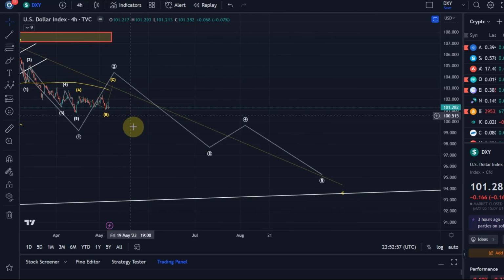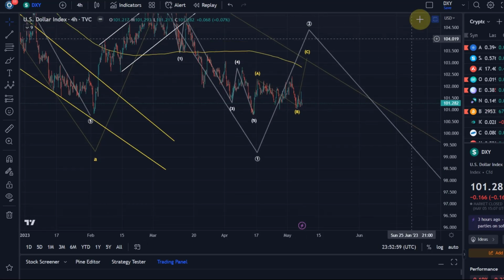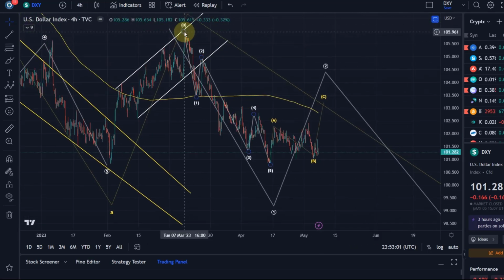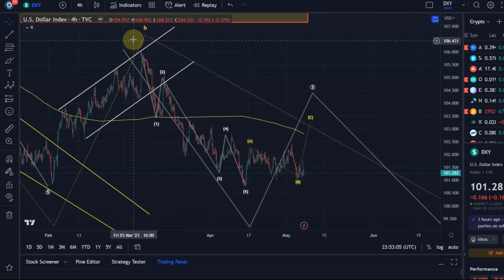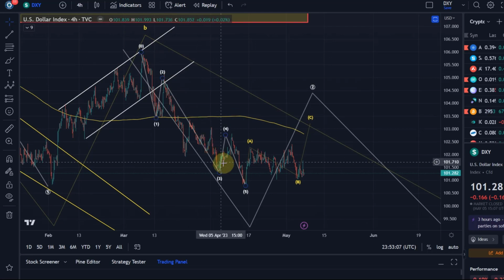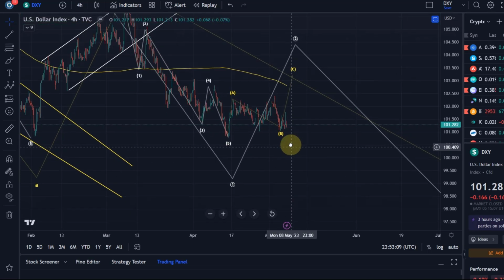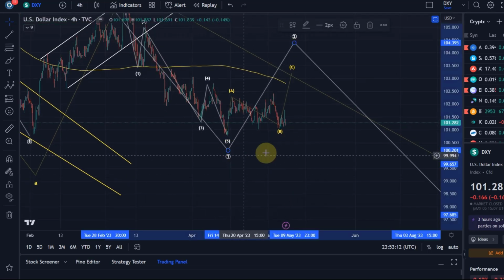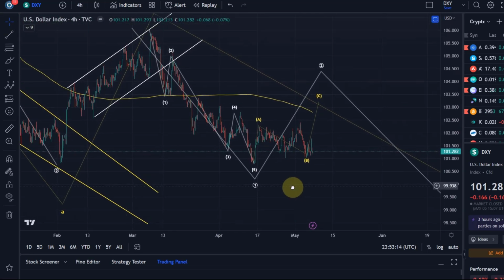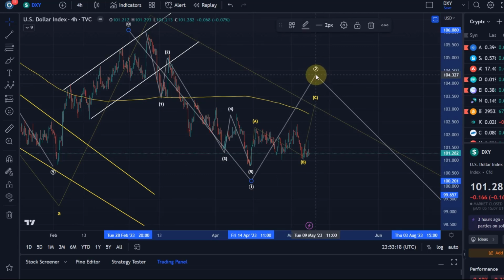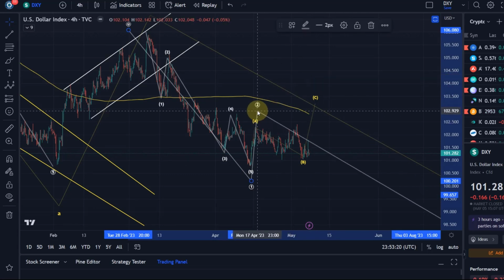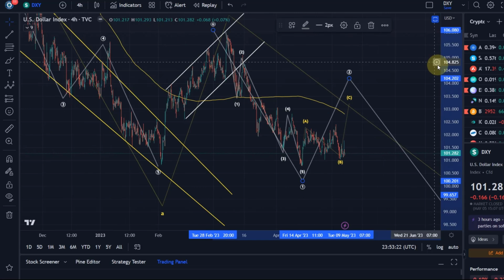And if we now zoom in, this move that started on the 7th of March to the downside is a 5-wave move. We can count it as a 5-wave move down. That's why I'm counting it as a wave 1 of wave C. We are now looking at a possible wave 2 pullback. Could already be complete, possibly, but would be a very shallow wave 2.